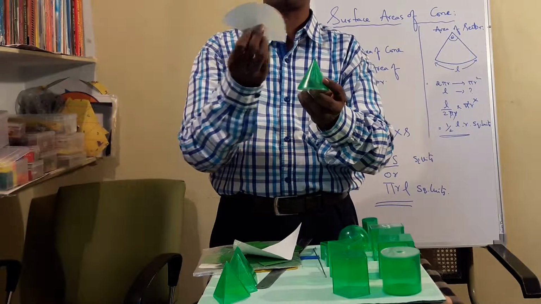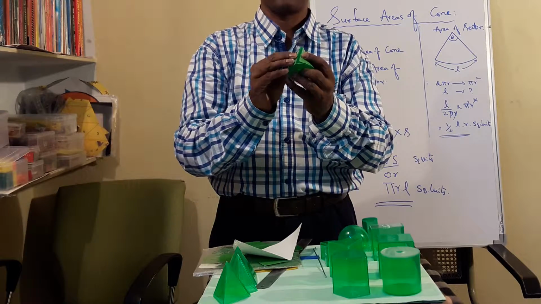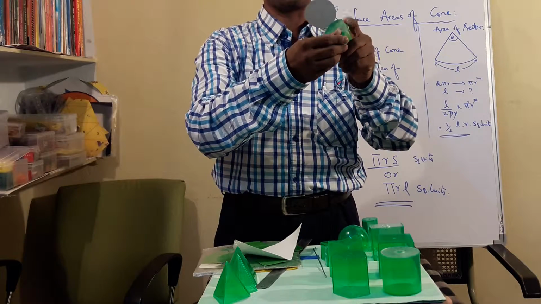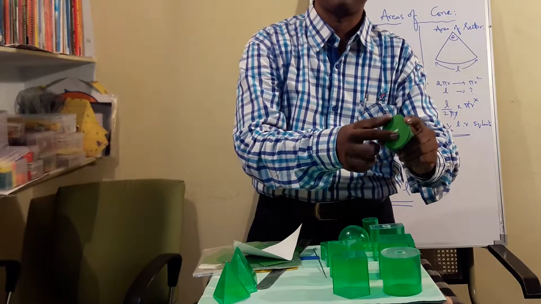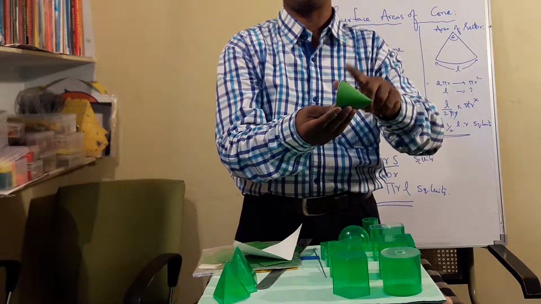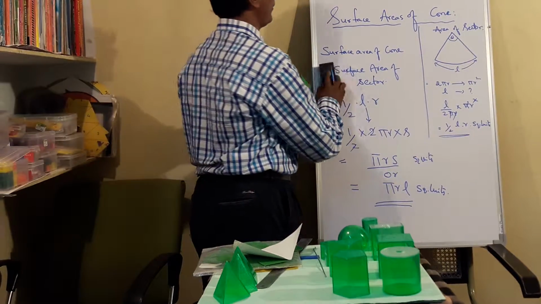Previously it was a hollow cone, and now I am adding the bottom surface. What is the surface? A circle. This is now the total surface area of the cone. Let me derive.